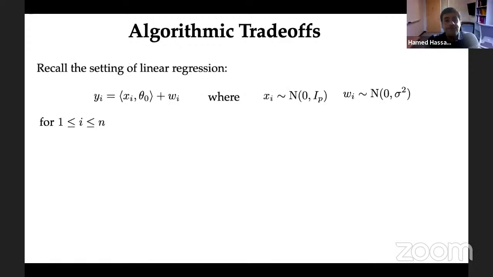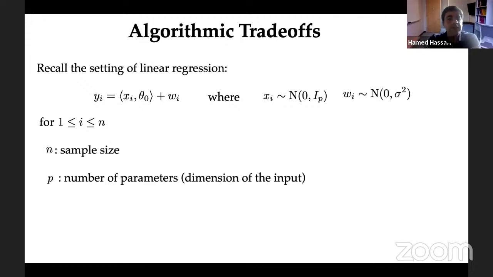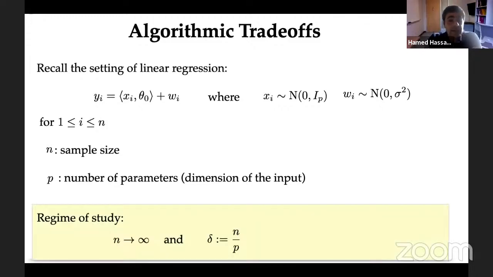All right, so remember the setting of linear regression, everything Gaussian for simplicity right now. N would be the number of data points, the sample size, and P is the number of parameters, so the dimension of the input also in this specific case. The regime in which we want to study these algorithmic solutions, mainly the solution of robust ERM, is the following.